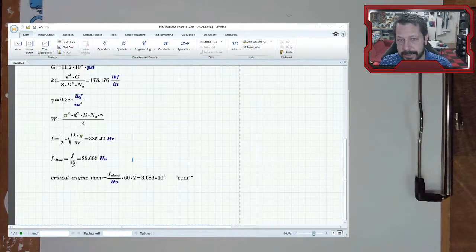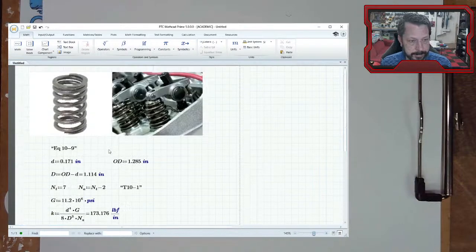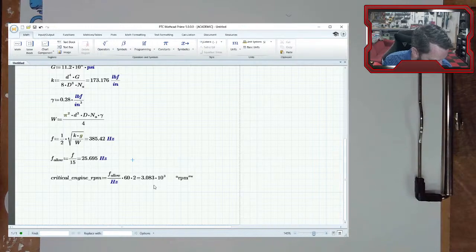But you're getting close enough that you can begin to be concerned about it. Because once you have these springs right here, if this spring comes off of this seat, now your valve is not operating the way that you anticipate it to operate, and you're going to get all kinds of bad things happening. And so that's one of the places that number comes from.